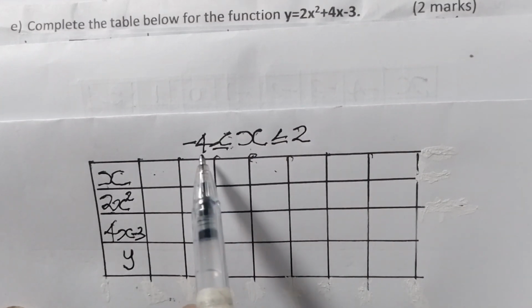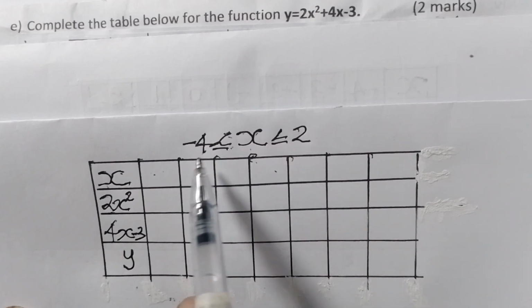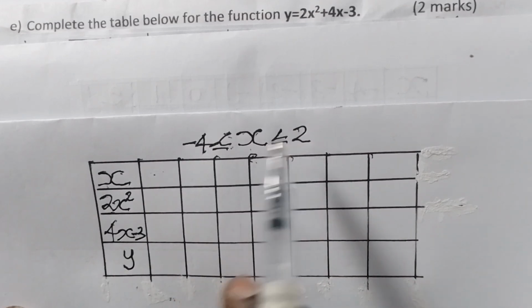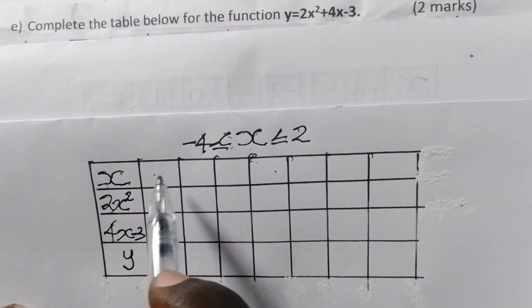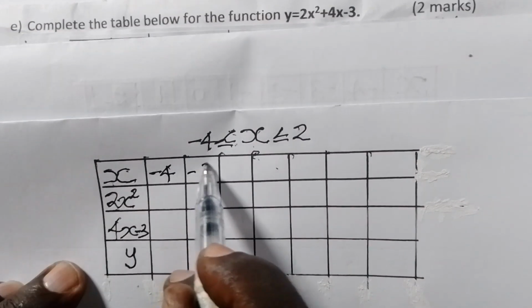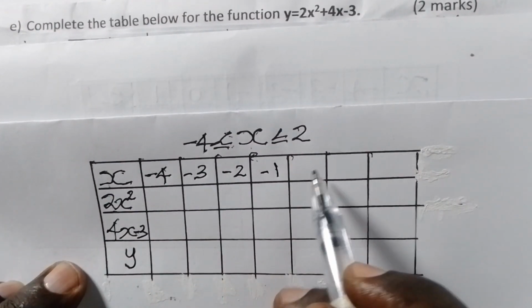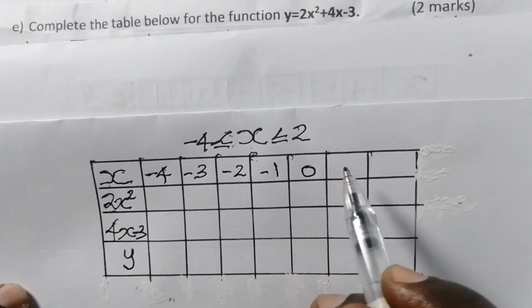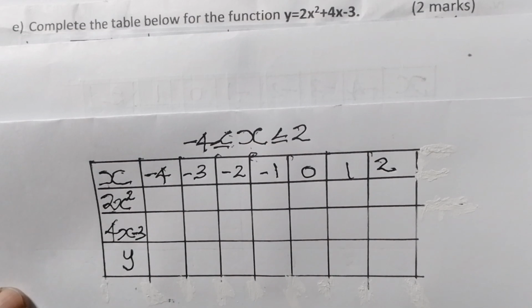So these values are included. So after writing that, get -4, -3, -2, -1, 0, 1, and 2, like that. Good.